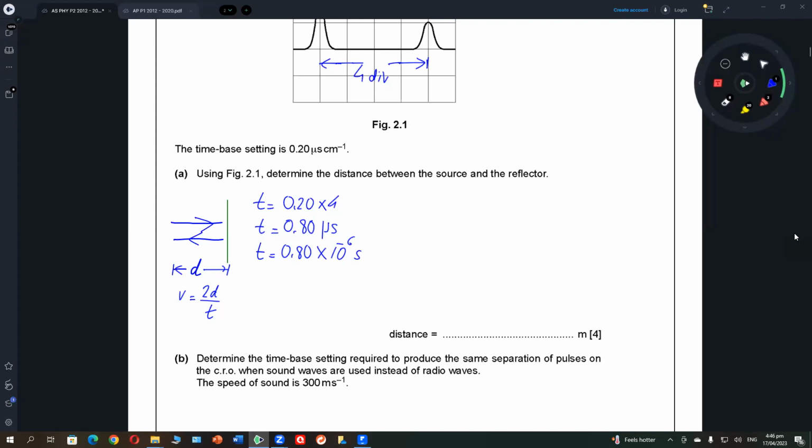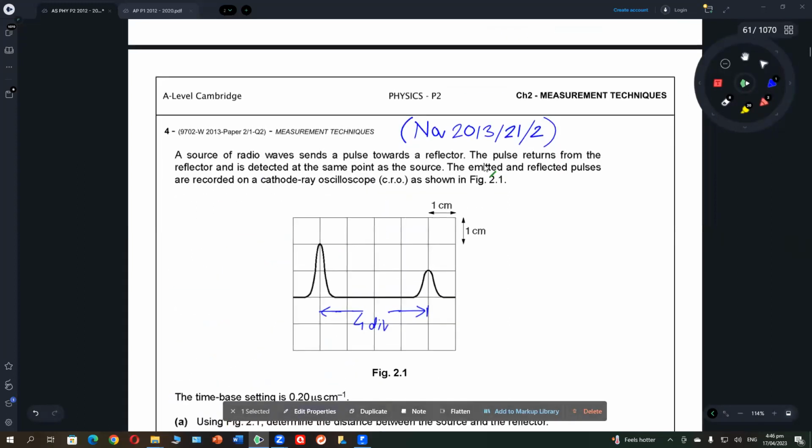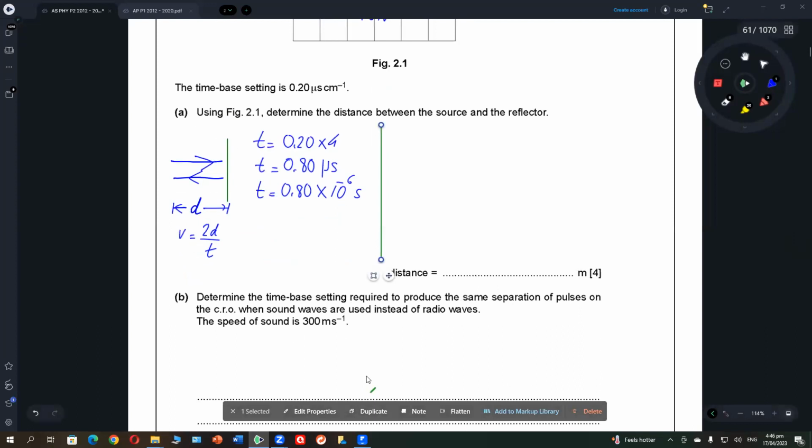Now we have the time, we have the data, so we can put them to find the distance. If the signal is a radio wave, the radio waves travel with the speed of light.